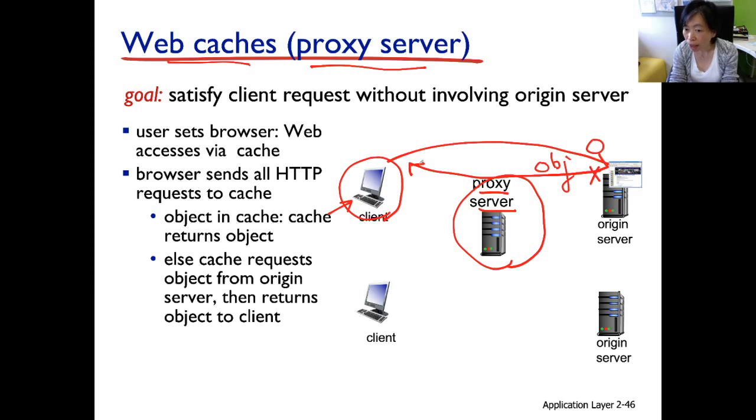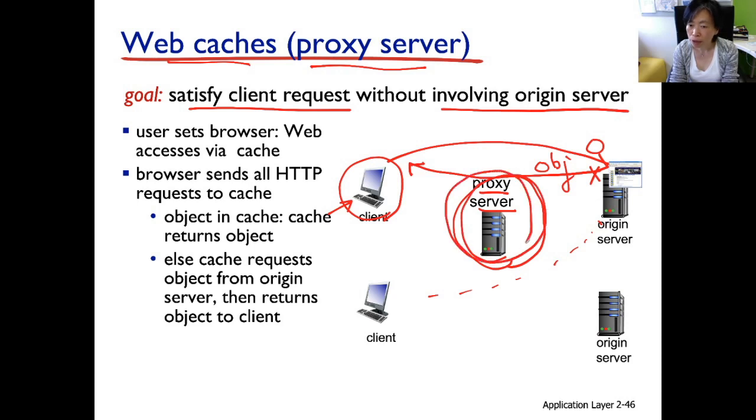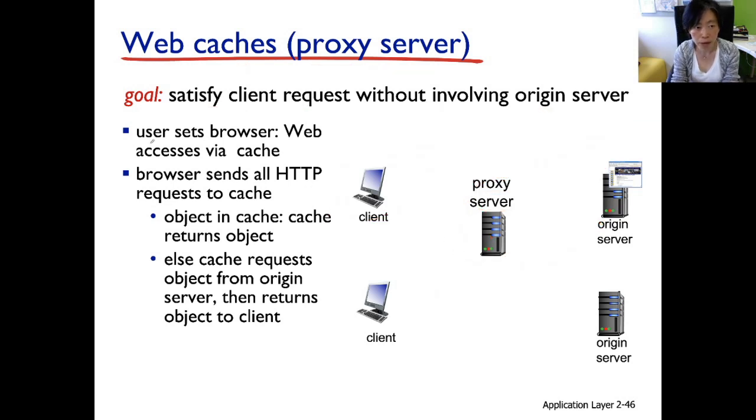But in web caches, the goal is actually to satisfy some client requests such that there's no involvement of the original server required. So some of the clients don't need to reach the original server to get the object. And this is done by keeping a copy of the objects somewhere in the middle at the proxy server. So the way it works is this.